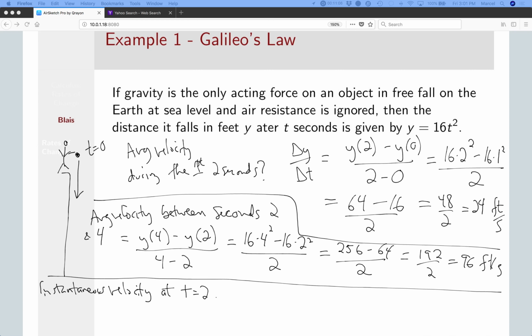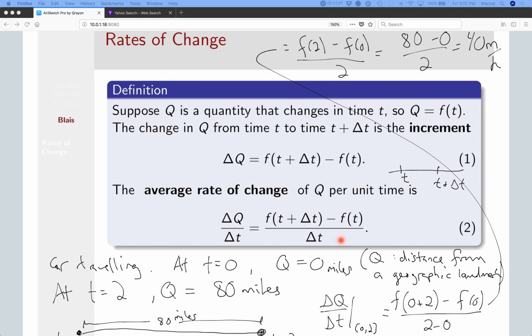So what you might do is say, well, why don't we think about it as the average speed or average velocity over a small interval around 2. So maybe we do something like the interval 1.9 to 2.2, for example. And that average velocity over that interval, we just go back again to our formula, the change in position over the change in time.